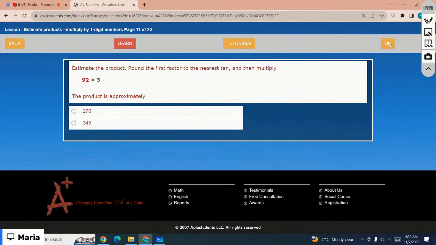Now 2 times 3, which is the correct option. The correct option is 270.